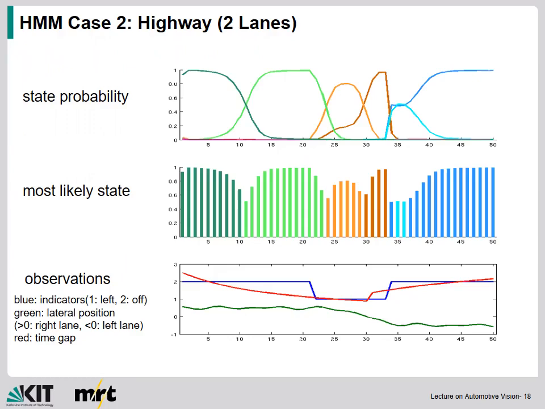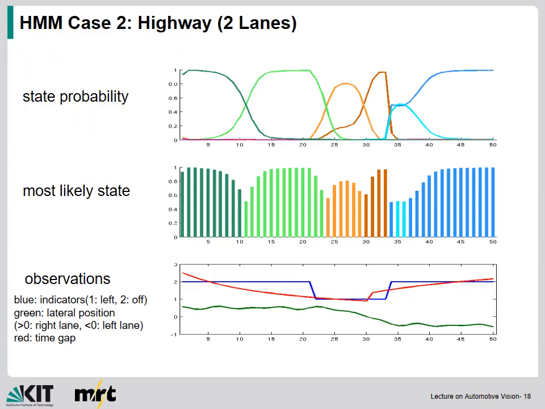Then at a certain point the observations provide pieces of information and features that tell us that the vehicle starts to prepare for a lane change to the left. Then this lane change is performed, and then afterwards the vehicle is driving on the left lane.